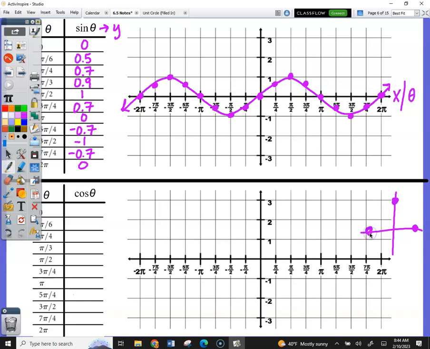Y value here, y value here, and then full rotation back, y value here. That's the 5th one. Okay? You should know those points. This is 1, 0. This is 0, 1. This is -1, 0. This is 0, -1, right? And it's just, what's the y?